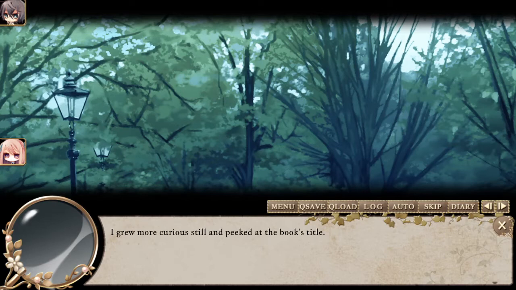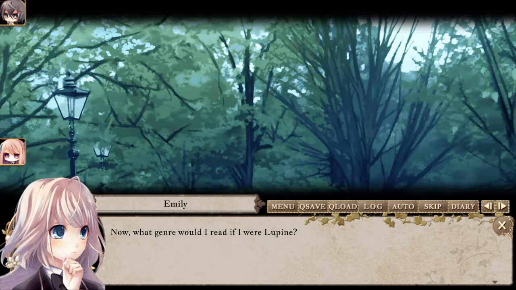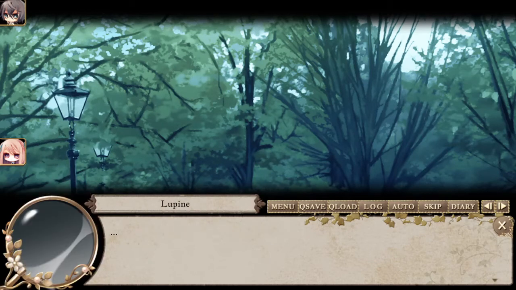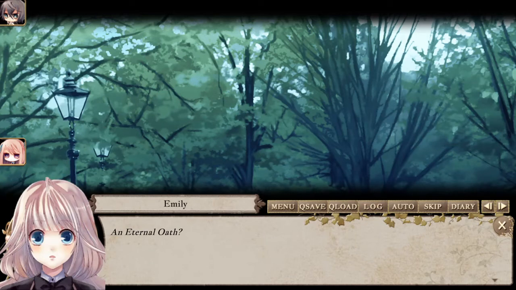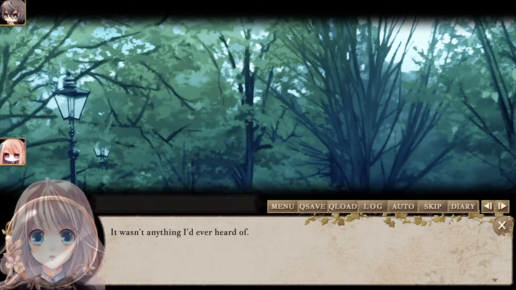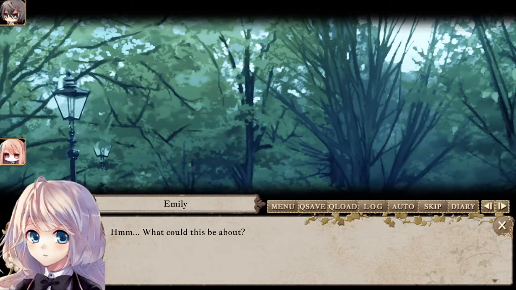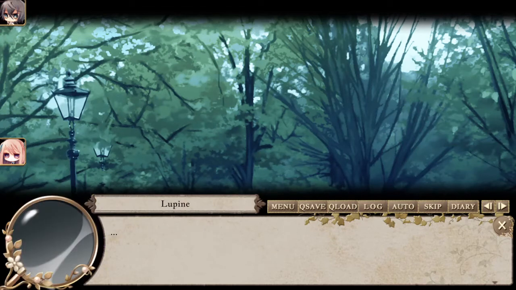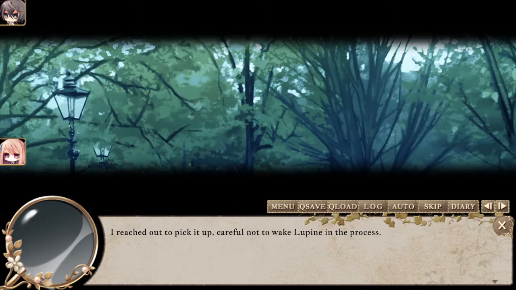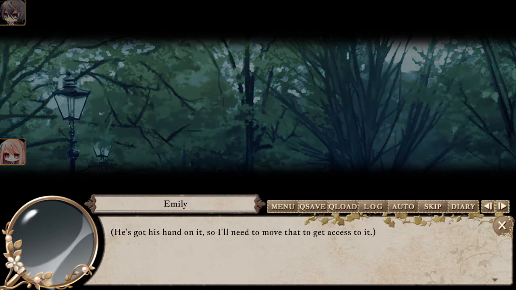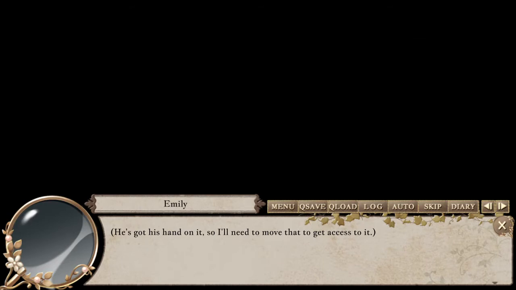I grew more curious still and peeked at the book's title. Now, what genre would I read if I were Lupin? An Eternal Oath? It wasn't anything I'd ever heard of. What could this be about? I reached out to pick it up, careful not to wake Lupin in the process. He's got his hand on it, so I'll need to move that to get access to it.